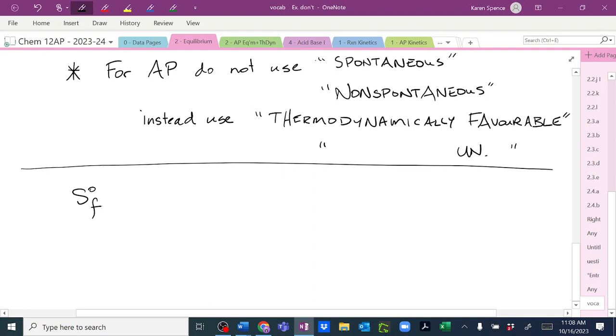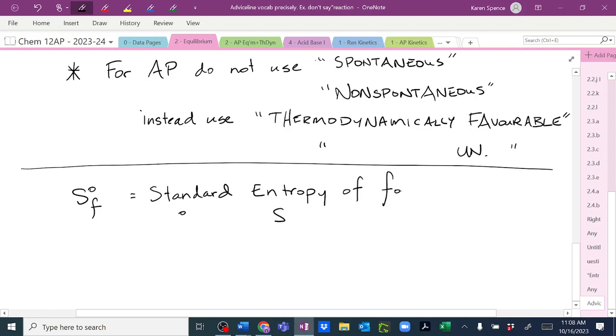What does that stand for? Standard. Okay, that stands for standard entropy of formation.